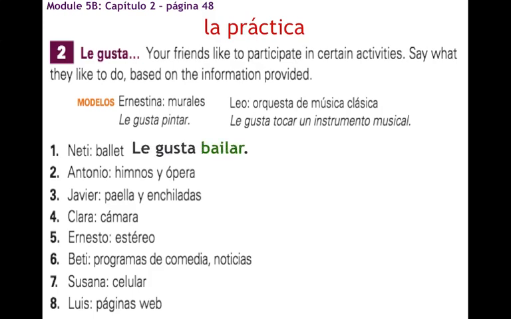Le gusta bailar. Antonio is interested in himnos y ópera. Le gusta cantar. Javier is interested in paella, enchiladas, tacos, tortillas. Le gusta cocinar. Clara is very interested in her cámara.